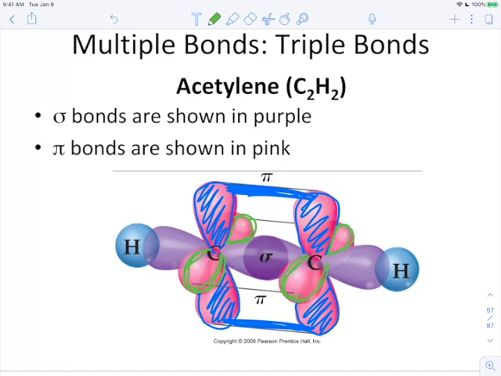So again, these are supposed to be showing perspective, where you see part of it going away from you and part of it coming out towards you. So now the green ones are going to share electrons as well. So they're sharing electrons in the back, and they're sharing electrons in the front.